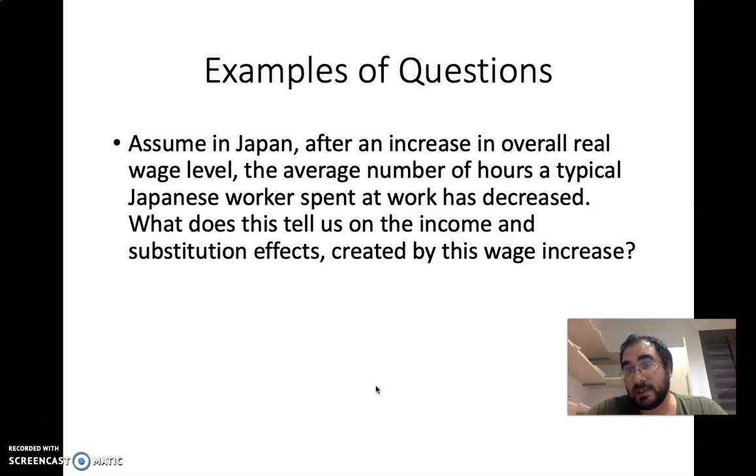After a wage increase, the income effect will have a negative effect on the working time. The substitution effect will have a positive effect on the working time. Since the working time of a Japanese worker has decreased, the income effect is dominant after the wage increase.